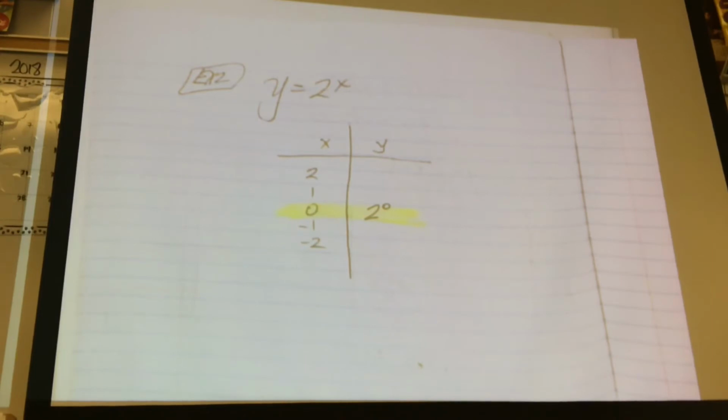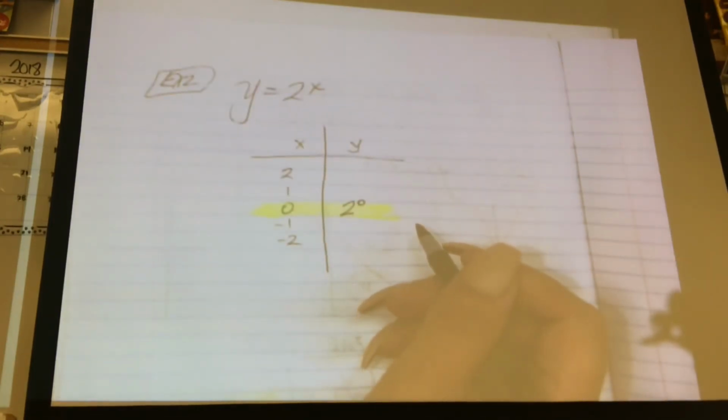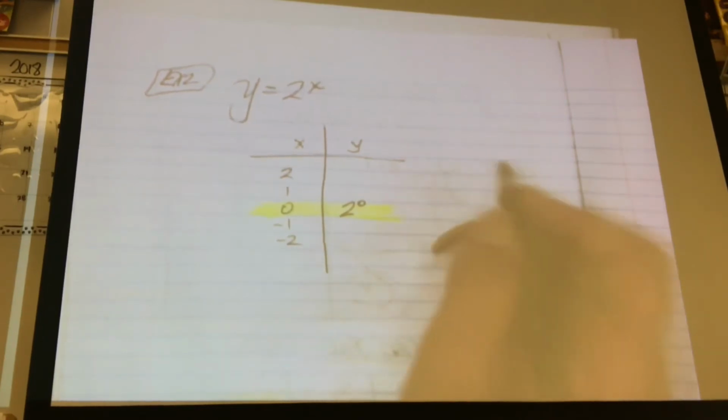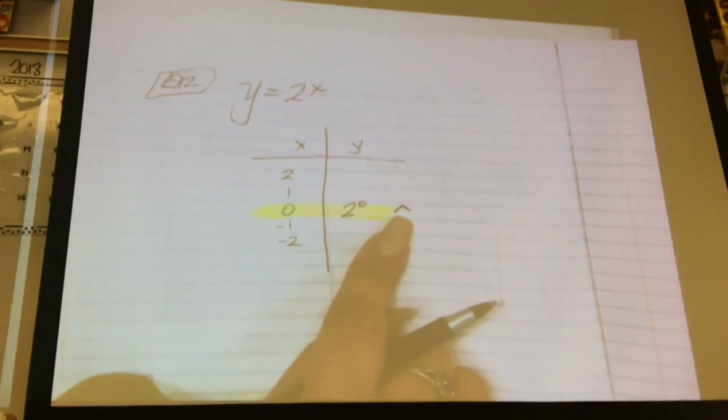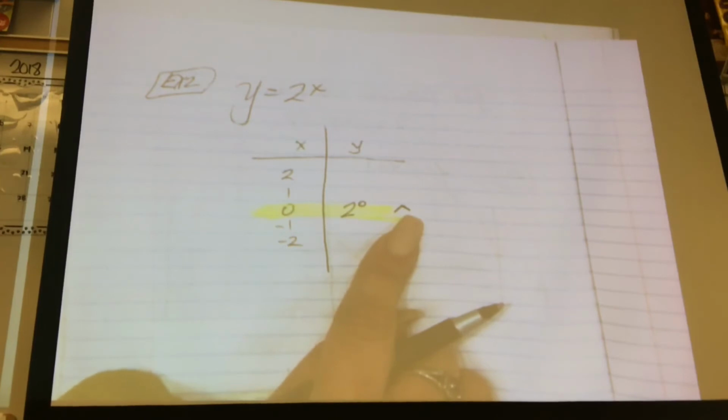Dillinger, what'd you get when you plug in 2 to the 0? Were you able to figure it out? You guys help each other out with the calculator. Some people haven't used the exponent button, but on the calculator it looks like this. 2 exponent 0, not 2 times 0.